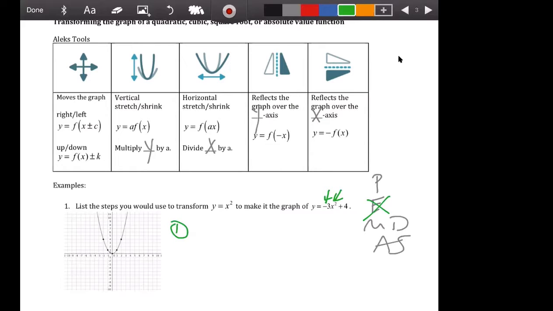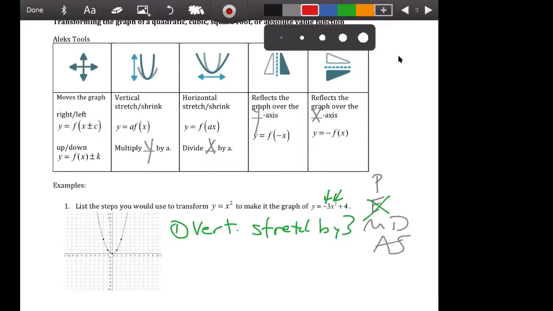Remember, the 3 is not in the parentheses, but it is being multiplied. We would multiply the y coordinate by 3, and we would make it stretch. So we would do a vertical stretch by 3.